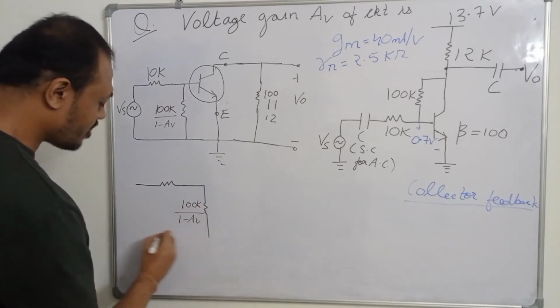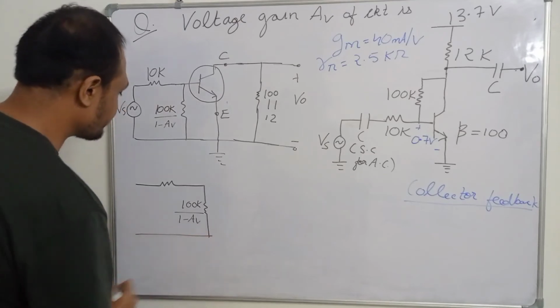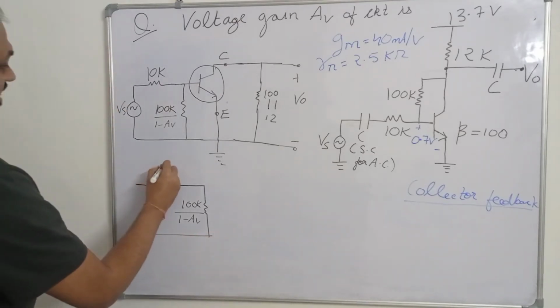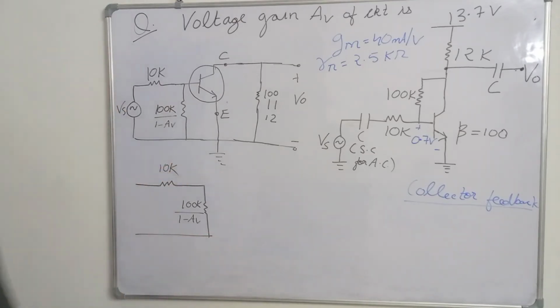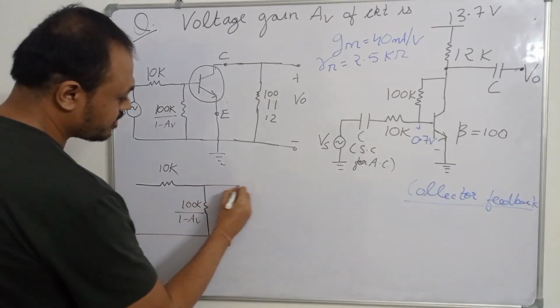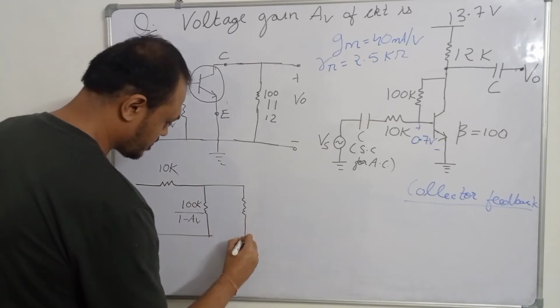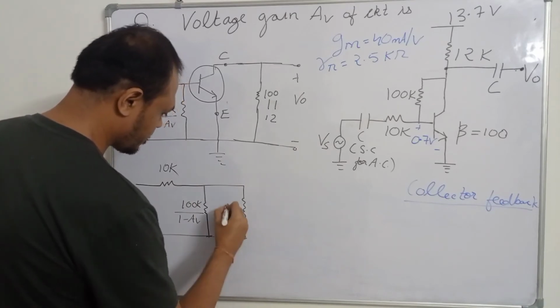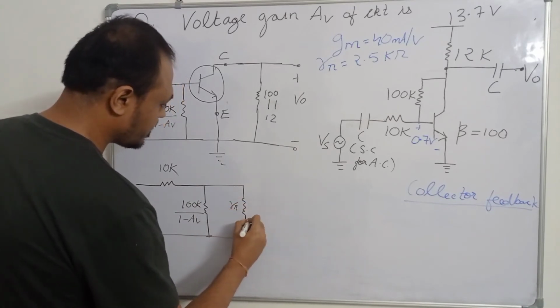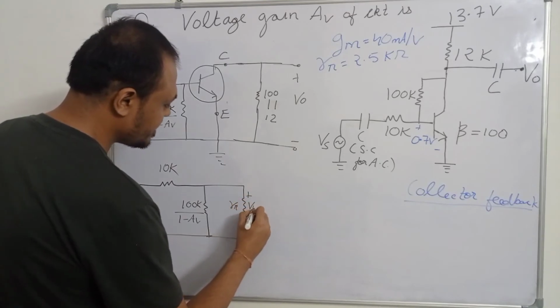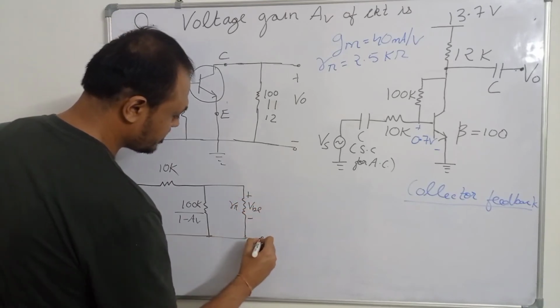So 100k upon 1 minus AV, this is 10k, this is R pi, and across it the voltage is VBE, this is the ammeter.